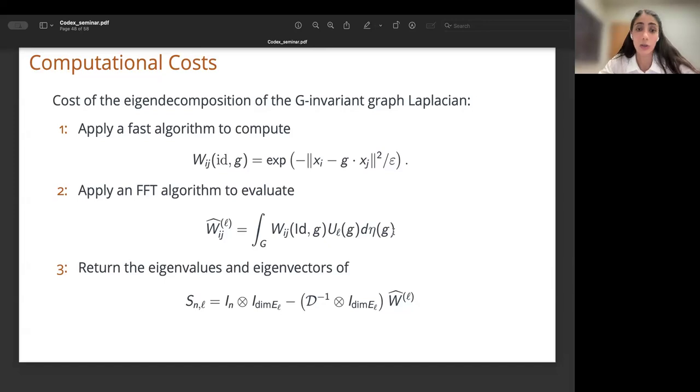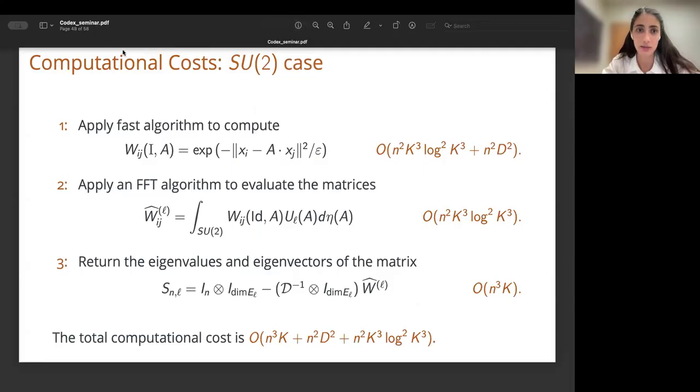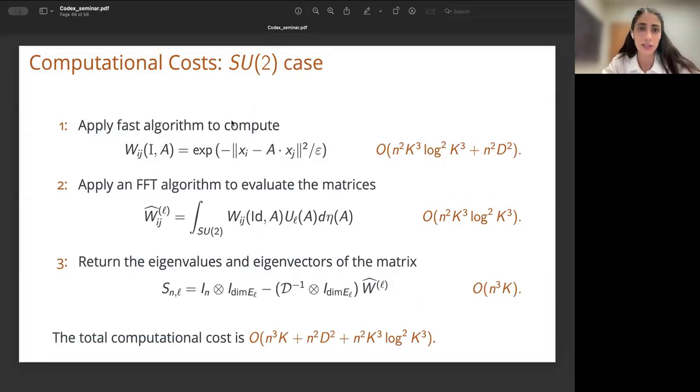And well, after we've done this FFT, we need to compute the eigenvalues and eigenvectors of these matrices that are increasing in size. So that can also be costly depending on how well you want to compute the eigendecomposition. So just as an example, let us see what happens for SU2.